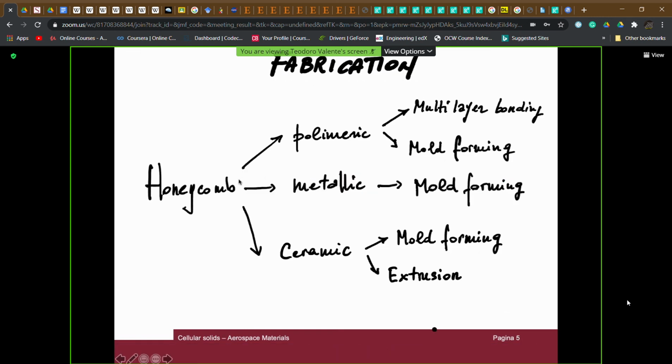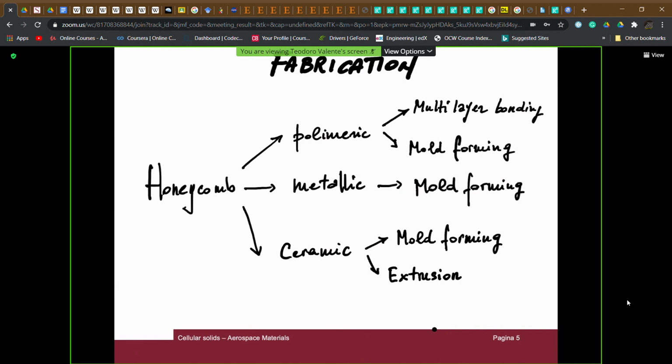Honeycomb is a material which is very widely used in the aerospace field. It can have as base materials polymeric, metallic, or ceramic materials. The difference is in the fabrication technologies according to the base material of the honeycomb itself.